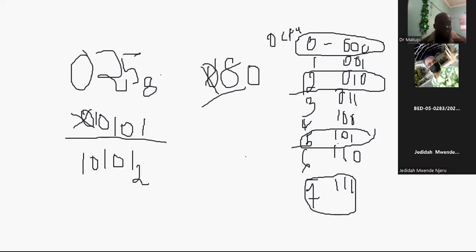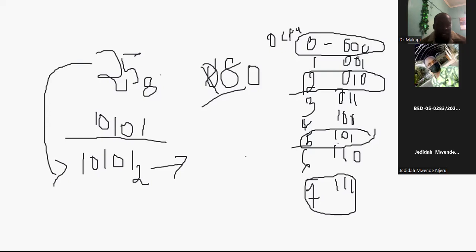So I hope you have seen how I've converted this number 25 to make this particular binary number. So you can say that 25 base 8 equals 10101 in binary. You can as well change this again to decimal by multiplying by increasing powers of 2.